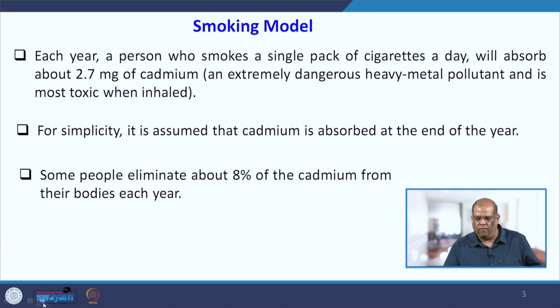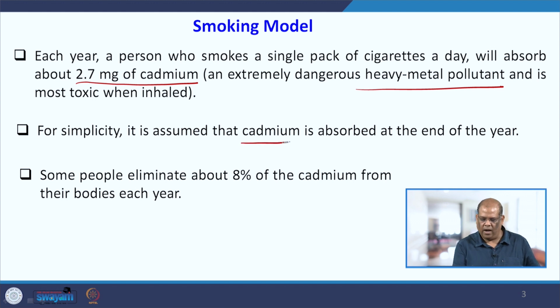Some information: each year, a person who smokes a single pack of cigarettes a day will absorb about 2.7 milligrams of cadmium, which is an extremely dangerous heavy metal pollutant, very toxic as you inhale the cigarette. For simplicity in the model, we assume that this cadmium is absorbed at the end of the year, and the elimination of cadmium is at the rate of 8%.